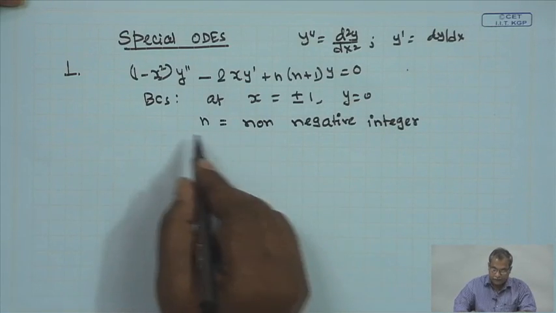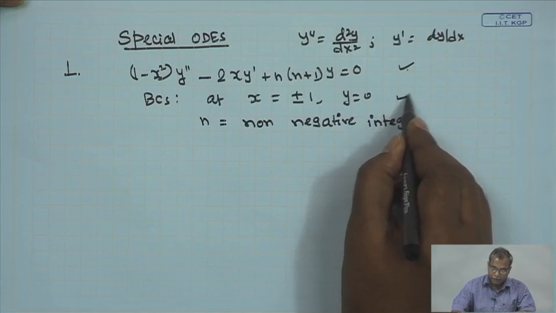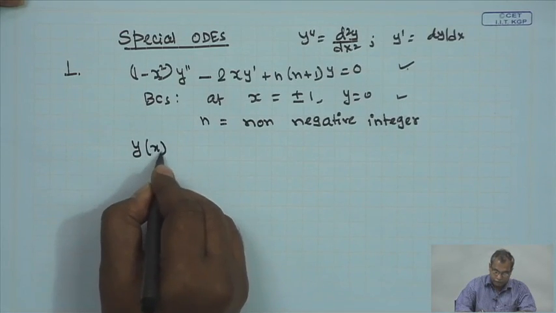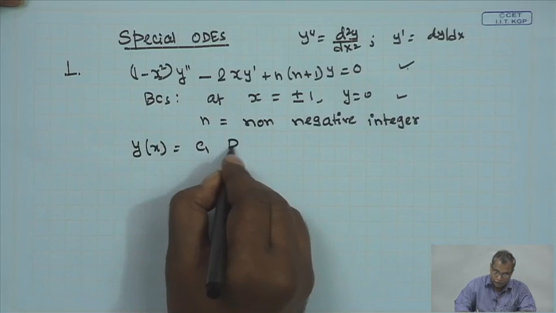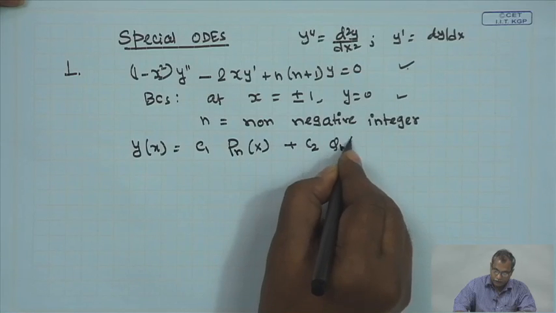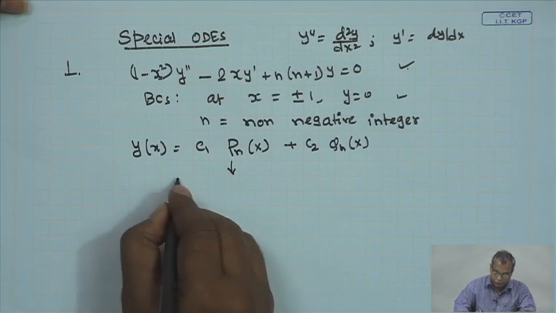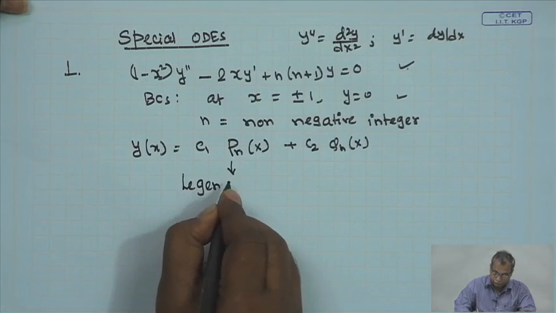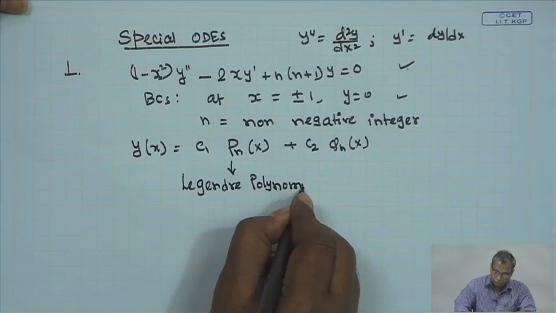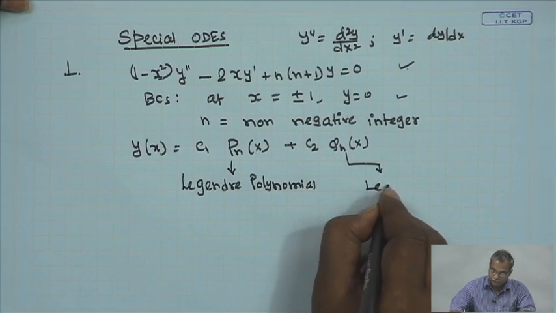If this is the type of equation we are going to have, and these are the boundary conditions we are going to have, then the solution is in the form of C1 Pn x plus C2 Qn x, where Pn is known as the Legendre polynomial and Qn is known as the Legendre function.